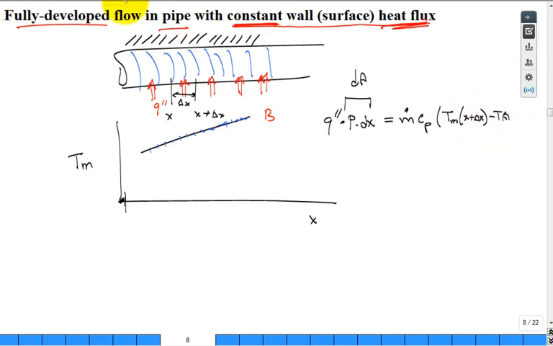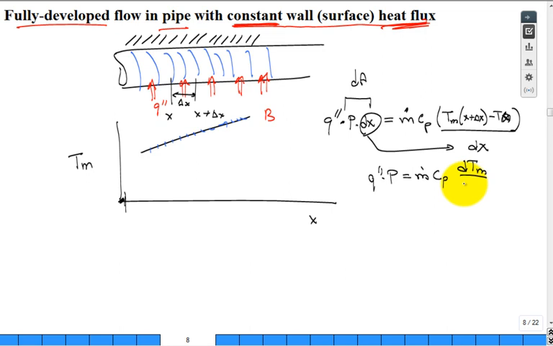is you take this, and this is at x, and you divide this equation by dx, move that over here, and we have that Q double prime, which is a constant for this problem, times the perimeter is equal to the mass flow rate, specific heat, both of those are constant, times the rate of change of that mean temperature with respect to x.